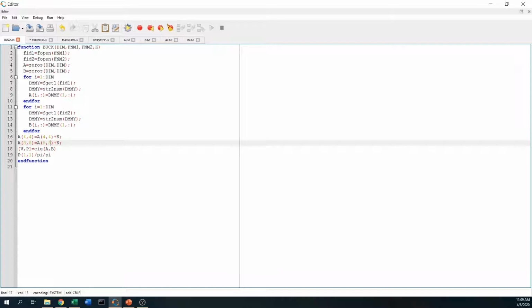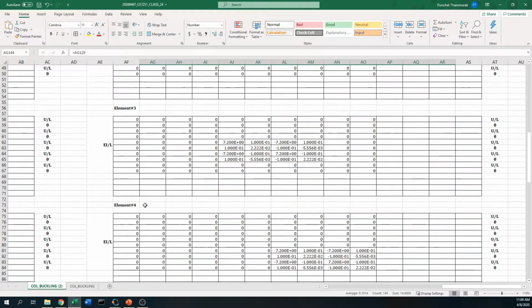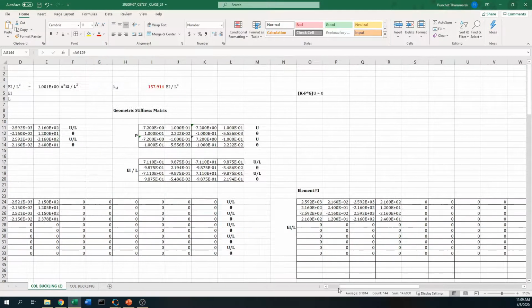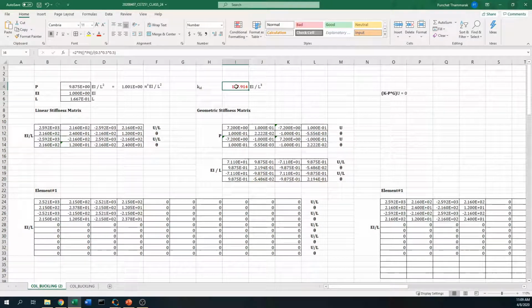So the spring here, it used to be 2. Right now it has to be 3 according to the derivation given in the paper. And 0.5 is not going to be there anymore.